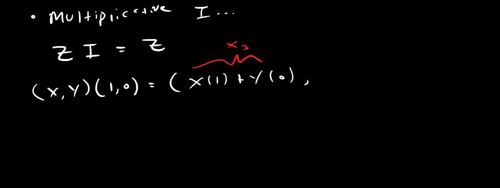So the y is equal to x1, which is x, times y2, which is 0, plus y1, which is y, times x2, which is just 1.